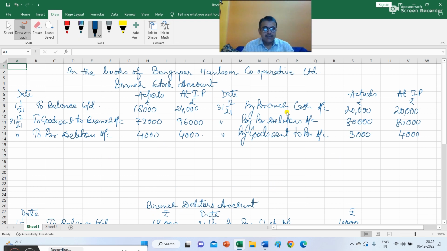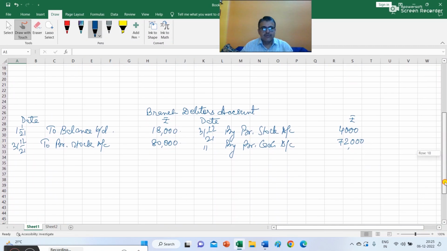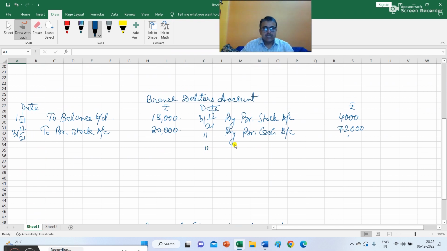Next transaction is regarding the discount allowed to customer. So in branch debtor account, you have to write as by branch PL, discount allowed to customer is for rupees 1,600 and bad debt is for rupees 1,400.